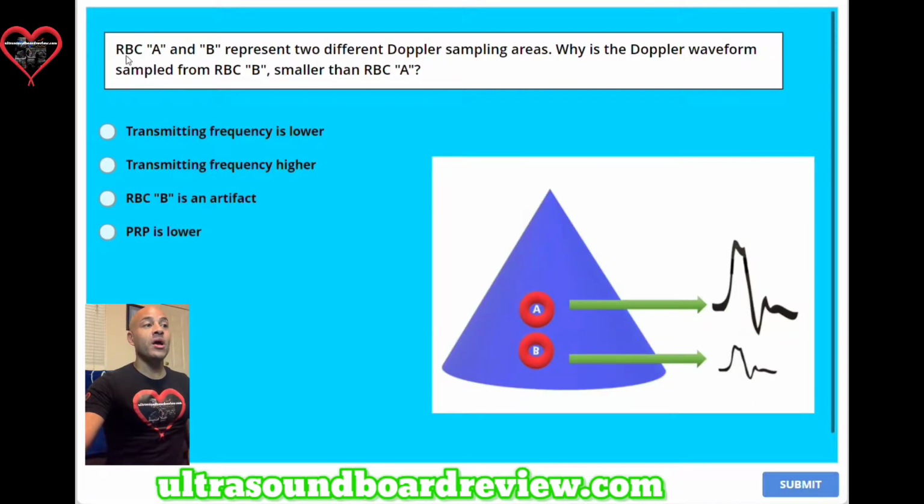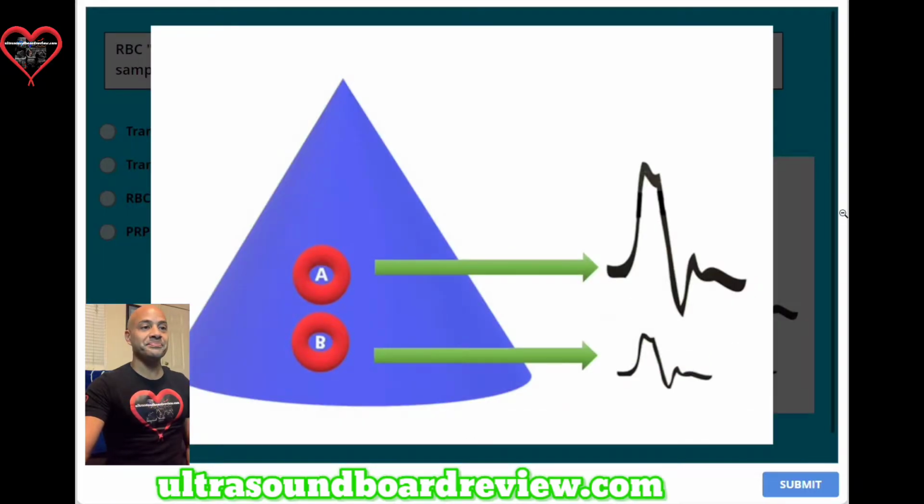Question number 2. Red blood cell A and B represent two different Doppler sampling areas. Why is the Doppler waveform sampled from red blood cell B smaller than red blood cell A? A. Transmitting frequency is lower. B. Transmitting frequency is higher. C. Red blood cell B is an artifact. Or D. PRP is lower.